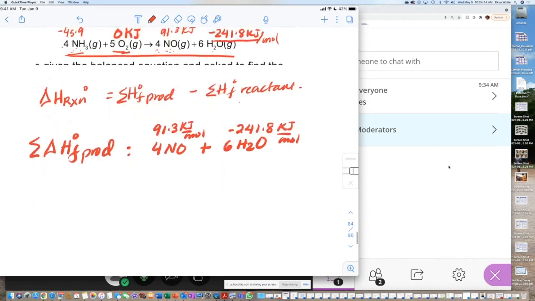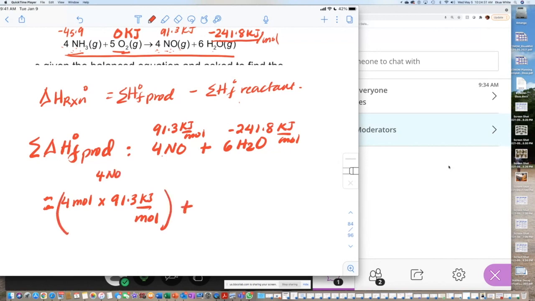So we're working with 4 moles times positive 91.3 kilojoules per mole, and this is for the 4 NOs.